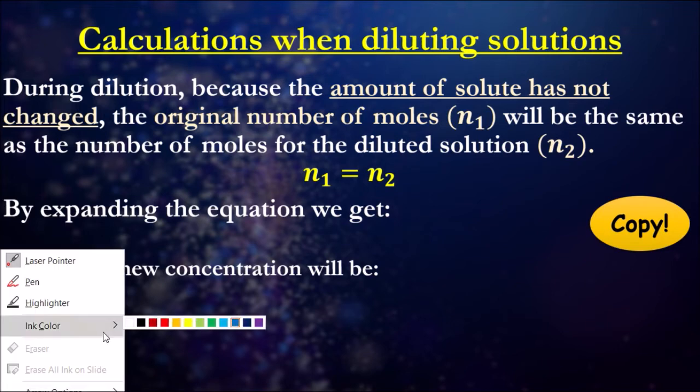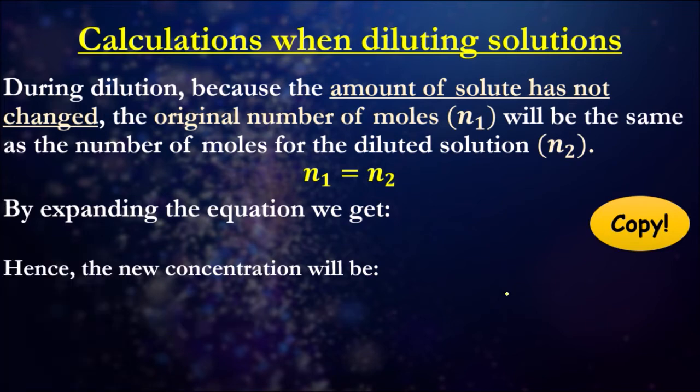Now we know for a fact that the number of moles is equal to concentration multiplied by volume. So if that's the case, I can substitute CV into these two components here. We have C1, V1, that's the concentration and volume of our standard solution or the stock solution.